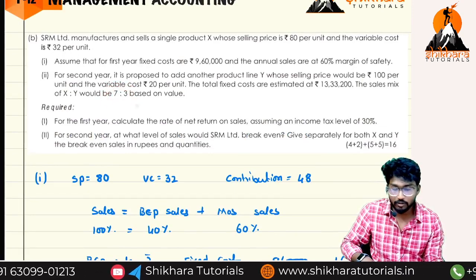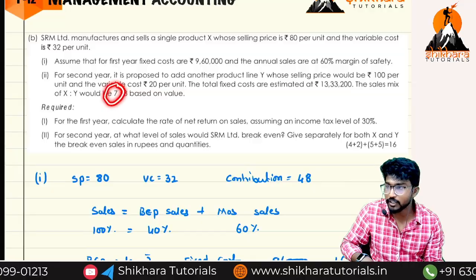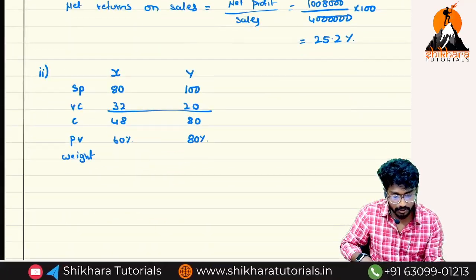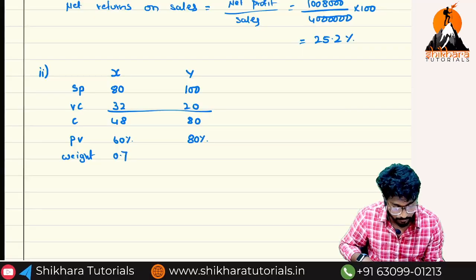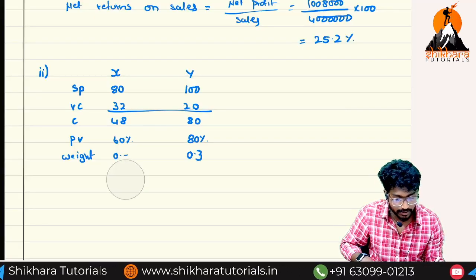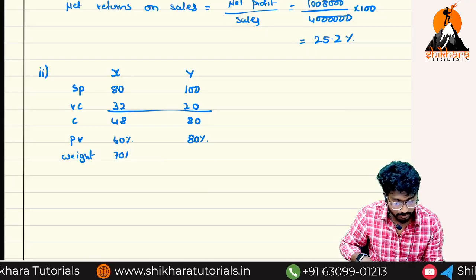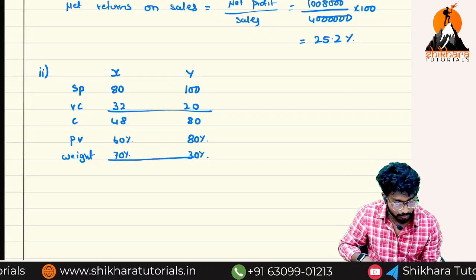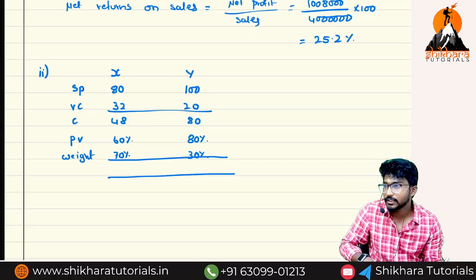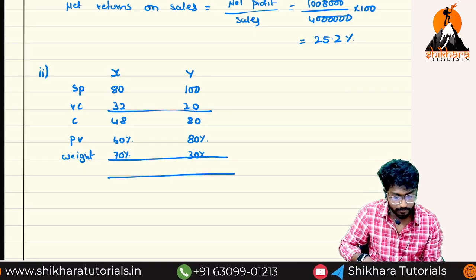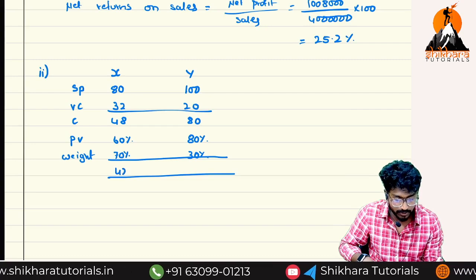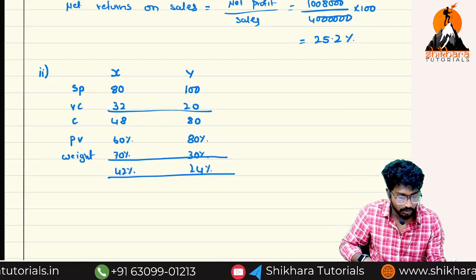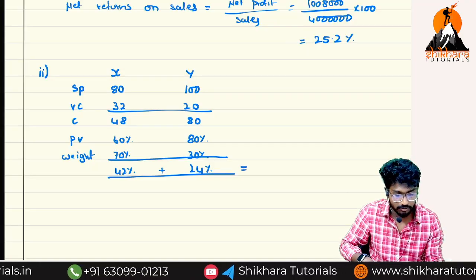That means in the total batch 70% belongs to X and 30% belongs to Y. Now what is the weight? 70 or 0.7 and 0.3, or you can directly write it as 70% and 30%. Now multiply PV ratio with weight. 60 into 70%, how much? 42% and 24%. Now what is the combined PV ratio? Add it.